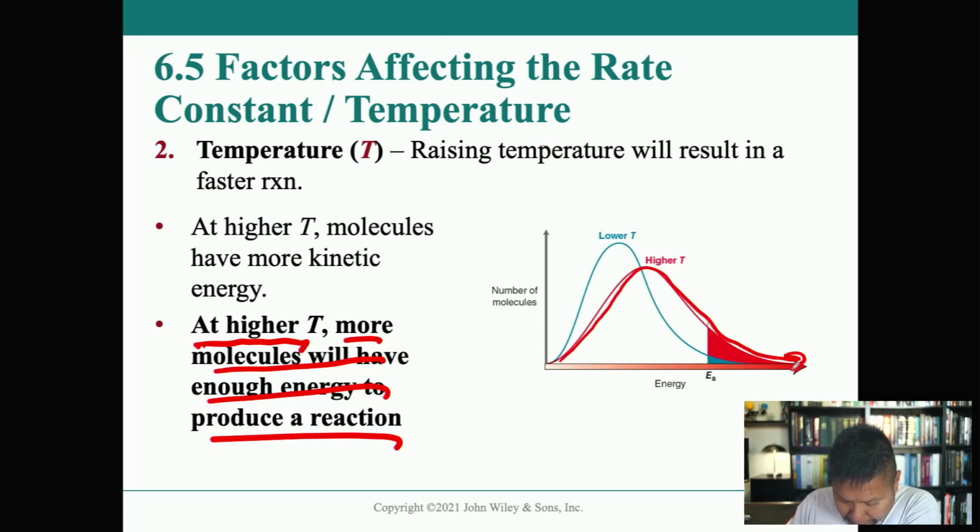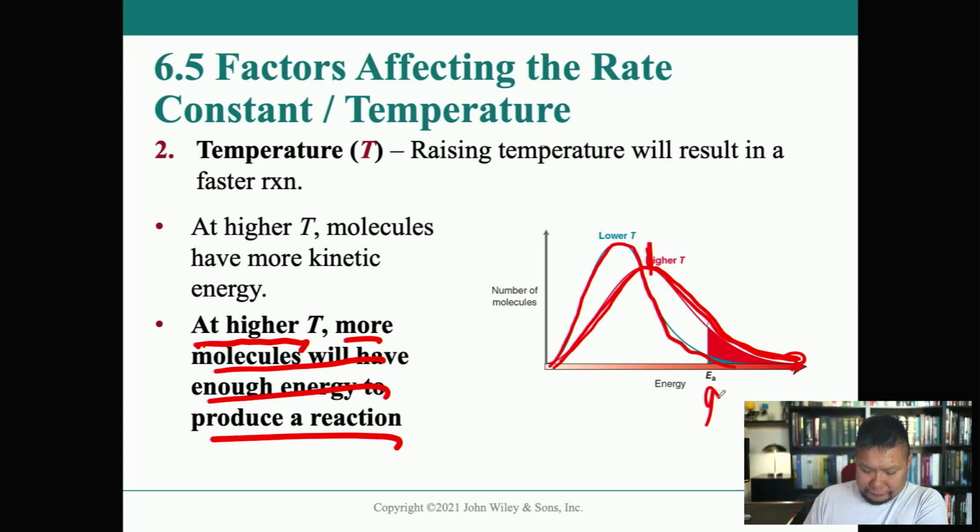And in this chart here, it shows at lower temperature the number of molecules with less energy. And then over here, we have the number of molecules with higher energy. So you definitely have molecules at higher energy with higher temperature over here, because that's what you're shooting for: to get more molecules with higher energy to reach the EA, the activation energy.